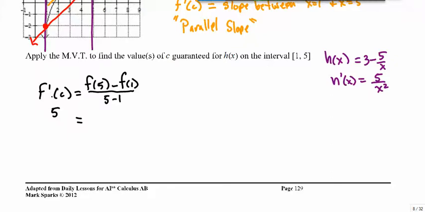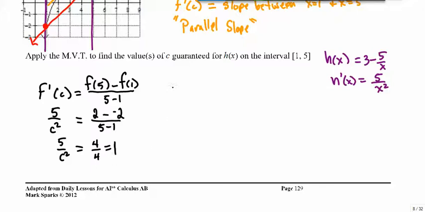Over here I'm going to do the derivative but plug in a C. Here I find these different values: f of 5 is 2, f at 1 is negative 2, and that's 4 over 4, which is 1.